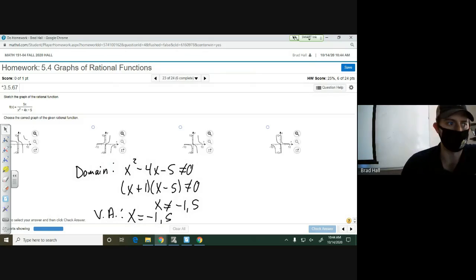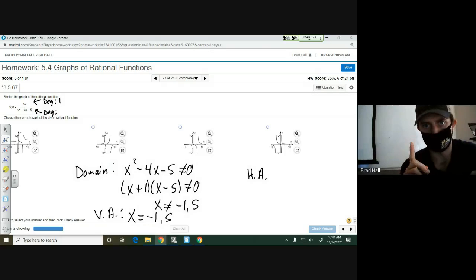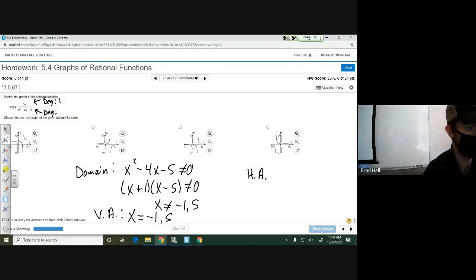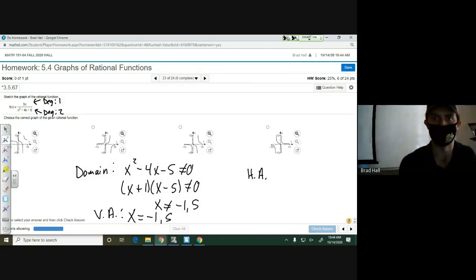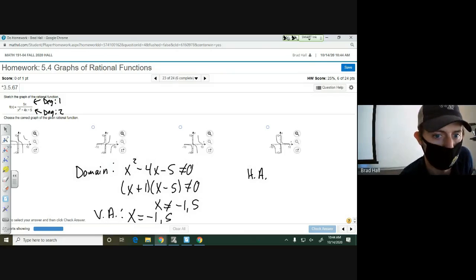Additionally, we can go ahead and figure out the horizontal asymptote, which means we need to find the degree of the numerator and the denominator. The degree of the numerator is 1, it's just a lone x, and the degree of the denominator is 2 because of the x squared. When the degree of the denominator is larger, the horizontal asymptote is always y is equal to 0.